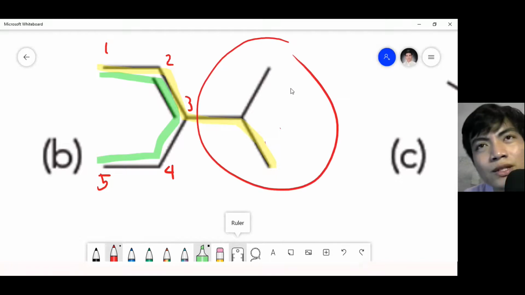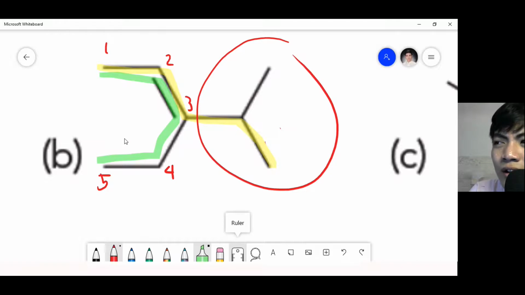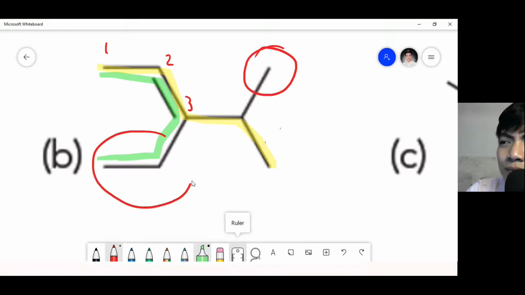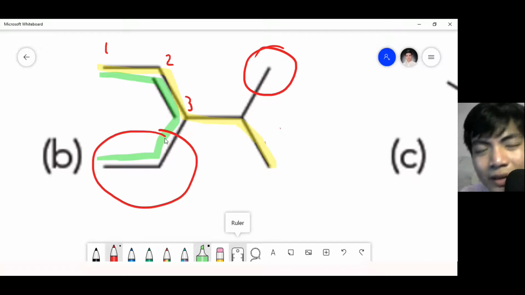Sabi natin, di ba? We always choose the parent chain that has more substituent. If we use the green numbering, okay, so the green one, isa lang substituent mo. While, if you use the yellow one, maging dalawa substituent mo. So, the more, the better. The more substituent, the better.